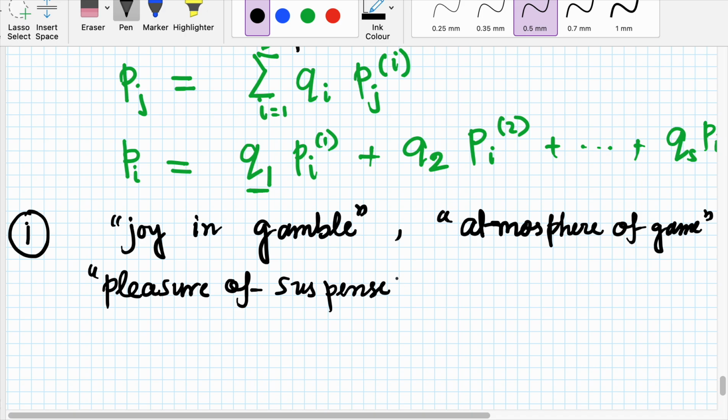For these cases, maybe the compound lottery cannot be reduced to a simple lottery, and in that case this methodology for calculating the utility for uncertain events is not valid.